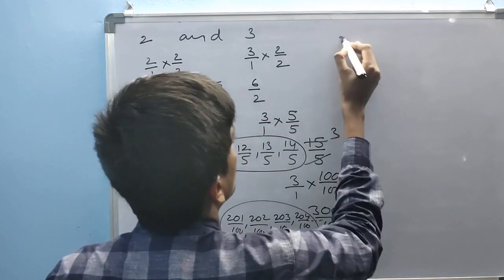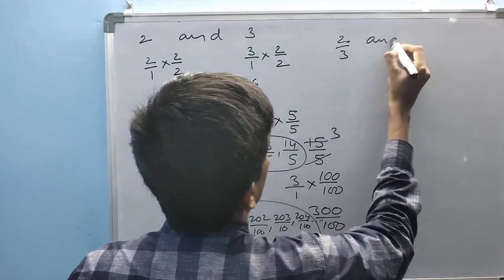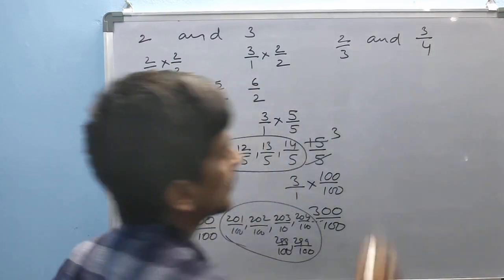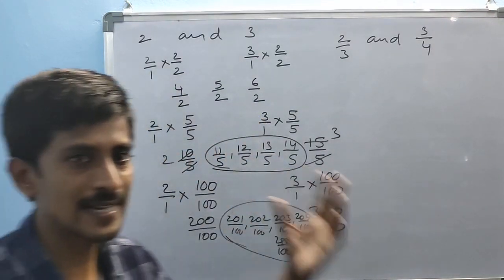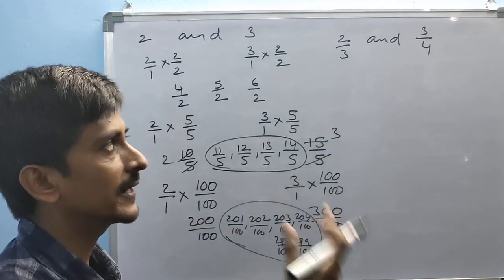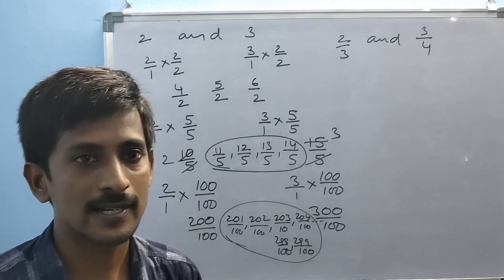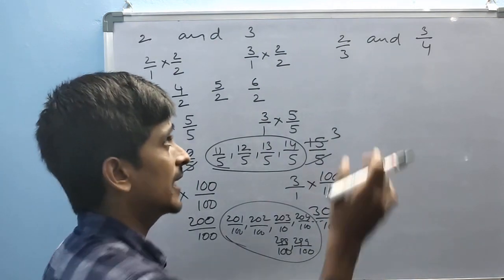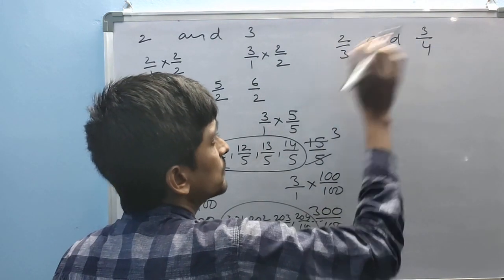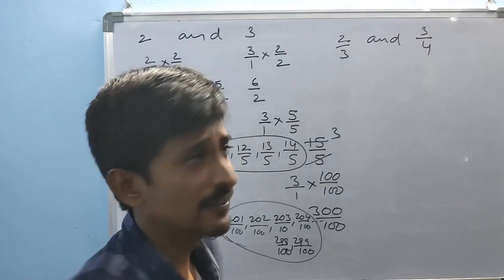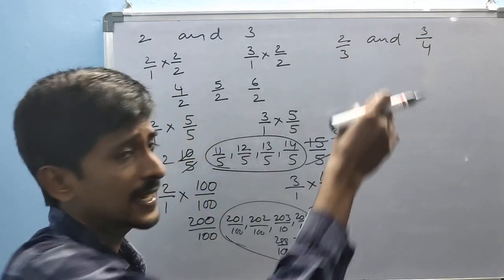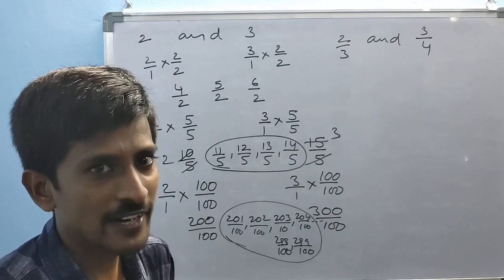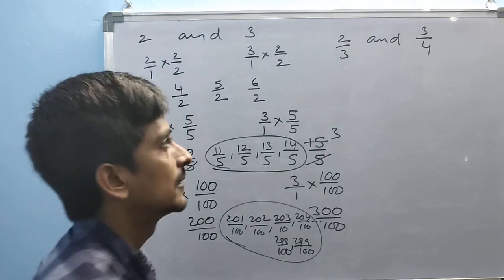For example, 2 by 3 and 3 by 4. These are two rational numbers. How to write infinitely many rational numbers between them? First, these two numbers are different fractions, so first convert them into like fractions. How? Using the LCM.